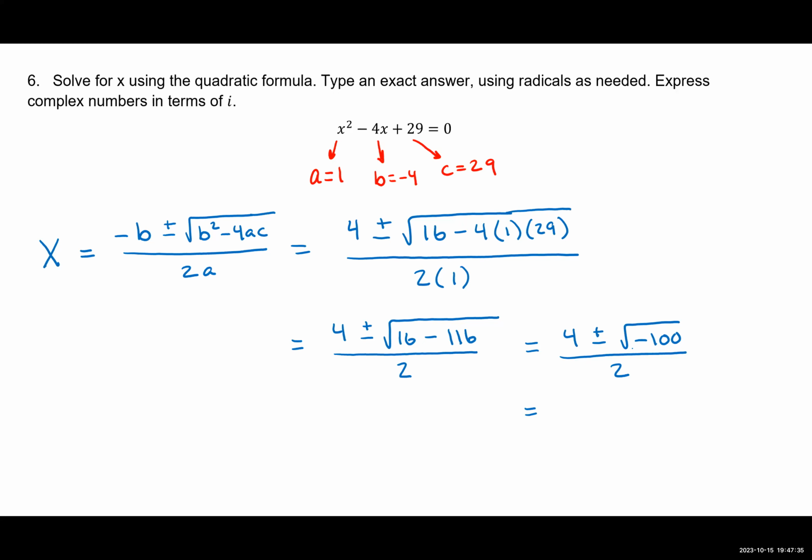But if you're allowed to use complex numbers, then anytime you see a negative sign under a square root, just take it out. So instead of the square root of negative 100, we have the square root of positive 100, just take it out and make it separate, times the square root of negative 1.